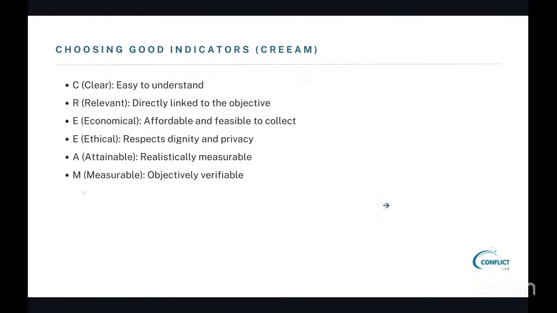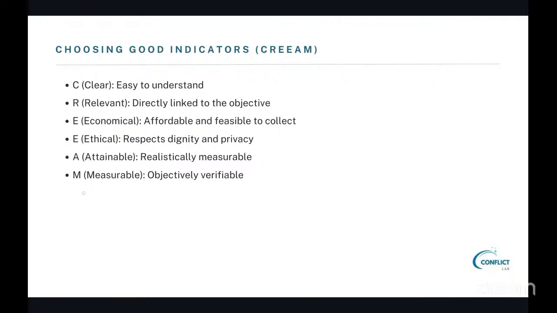Then obviously choosing good indicators, which is called CREAM. I don't really like the acronym of it, but it is what it is. So firstly, it's clear, which means it's easy to understand. There are no jargons. It's simple and straightforward. Relevant. It has to be directly linked to the objective, which means it has to be directly linked to the output or outcome that you're trying to make.